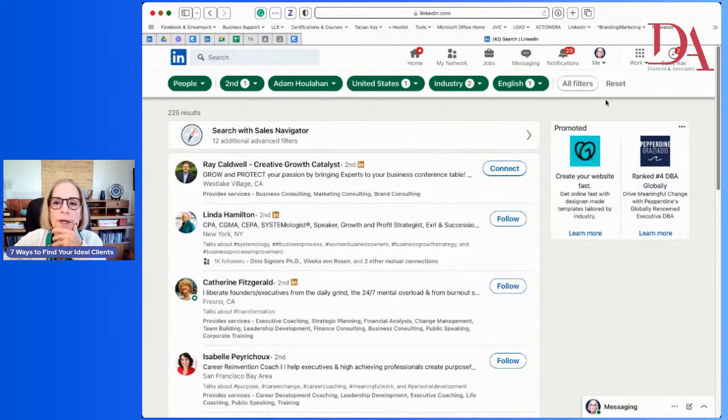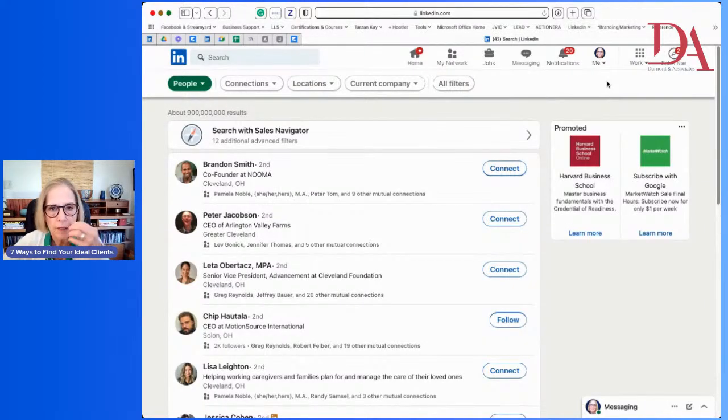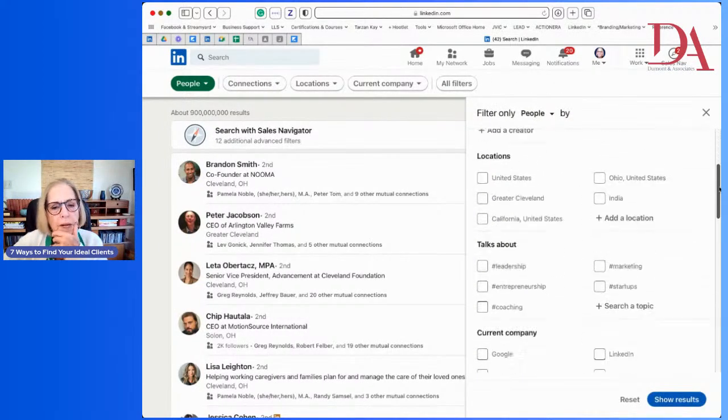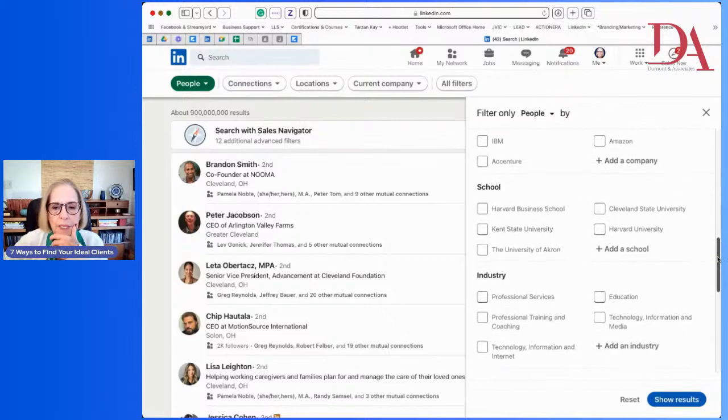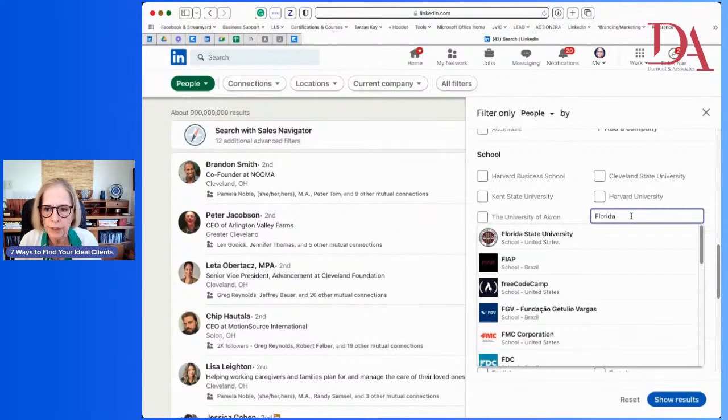Okay, so another thing that I wanted to show you in here real quickly, just because it makes a lot of sense, is to, when you go to all filters, search by your school. Because, so I can add, I went to Florida State University.